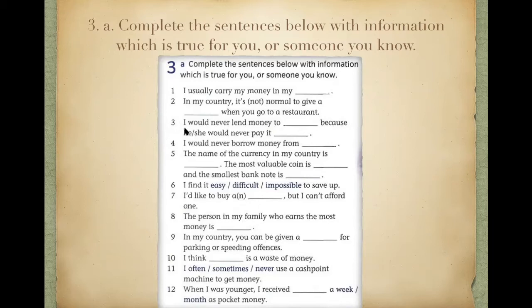What about number 3? I would never lend money to, for example, my brother, my cousin, because he or she would never pay it soon. I would never lend money to my brother, my sister, my friend, because he or she would never pay it soon.